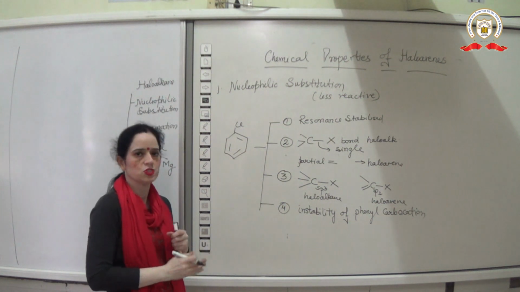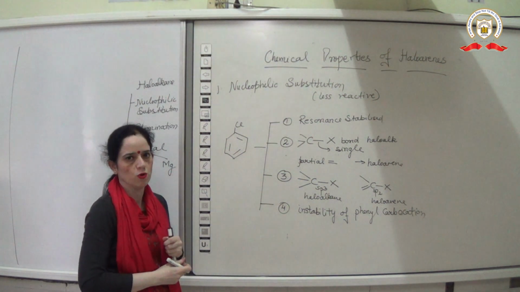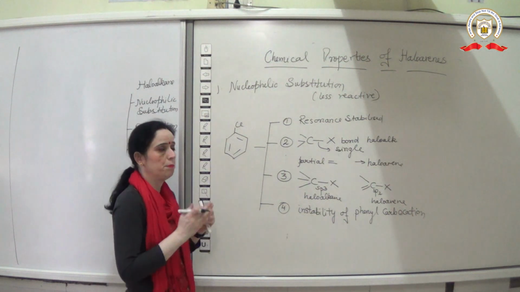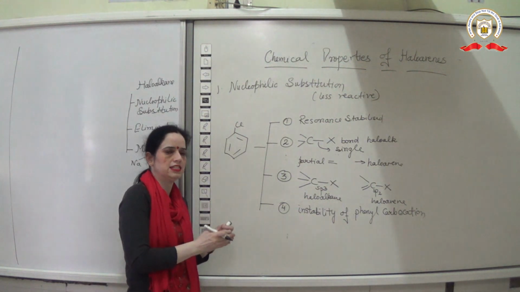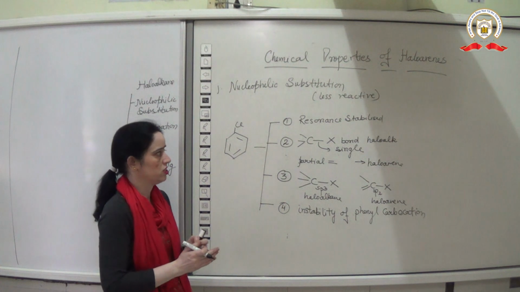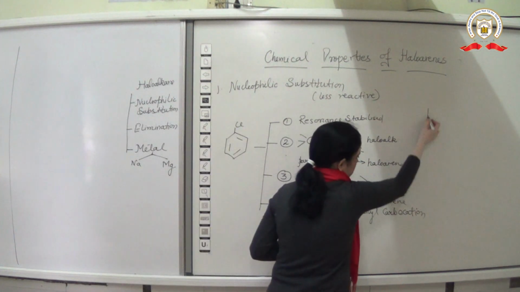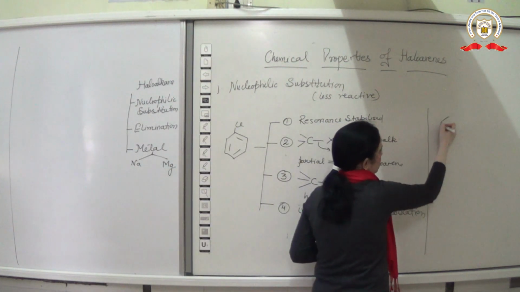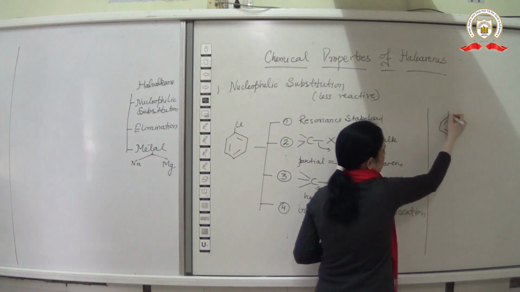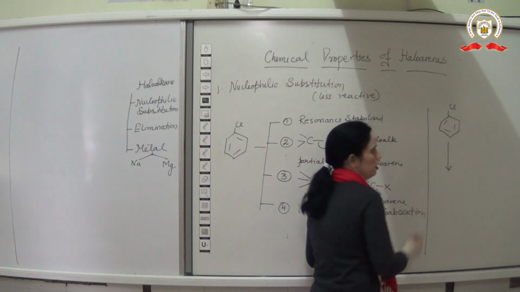But there are certain vigorous conditions in which we replace the Cl with OH. One of the conditions is 623 Kelvin and 300 atmosphere. It is the main condition in which the Cl gets substituted by OH. So I am writing here the vigorous condition, Cl gets substituted by OH.